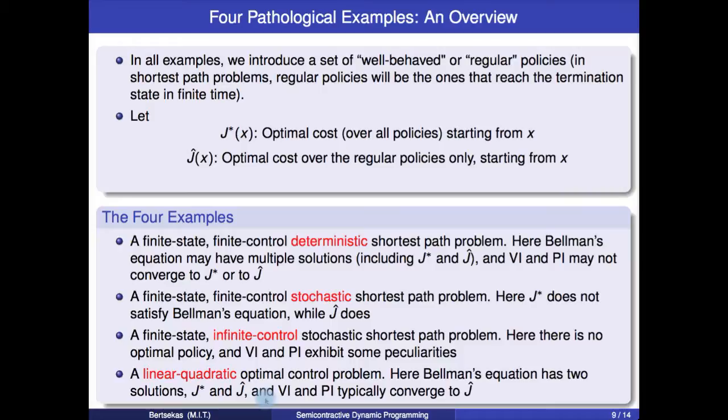And it turns out, however, that value and policy iteration typically are attracted to J hat and not to J star. In this example also, there is no notion of termination, and the regular policies are not the ones that terminate, but instead they have a stability property. They stabilize the closed loop system.